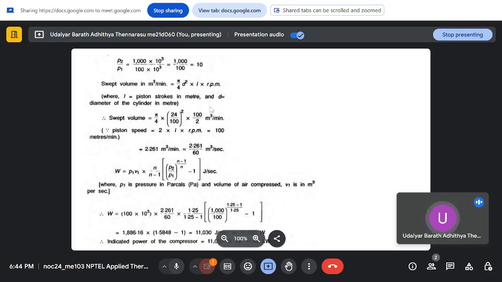Converting that into minutes, L into rotation will give you C by 2 in meter cube per minute.